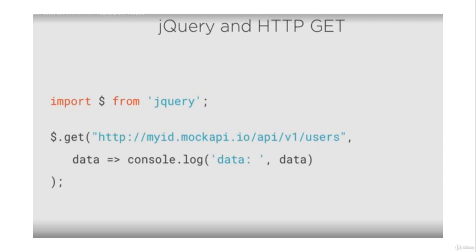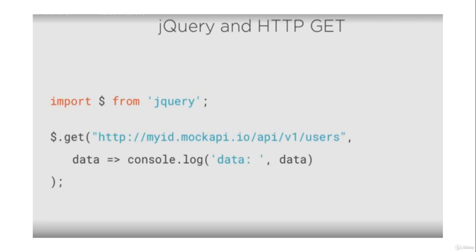When we call $.get, we will save it to the local variable promise. We'll set up our handlers with promise.then, and this function will get called on a success, and this function will get called on an error.